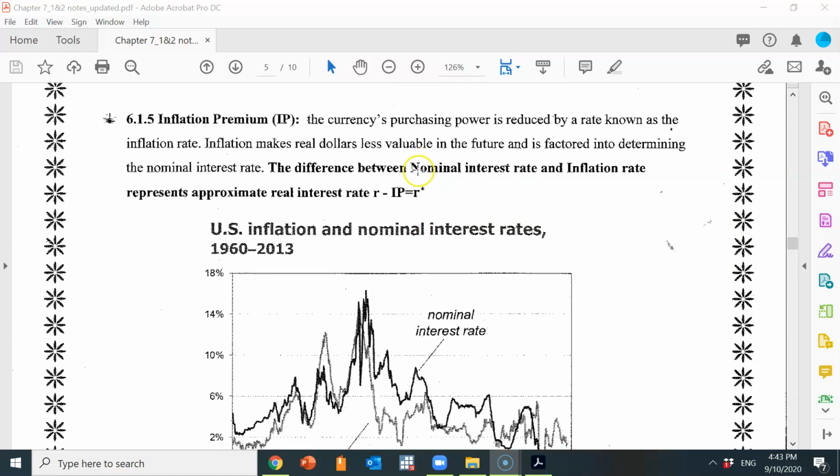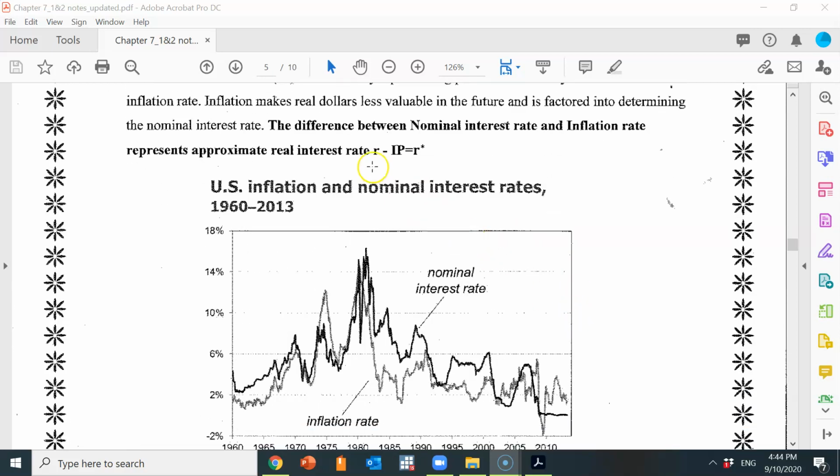So when we're calculating R, if we start from R star, we need to add this inflation premium or inflation rate to get R. So R equals R star plus IP, or as it shows here, R minus IP equals R star.